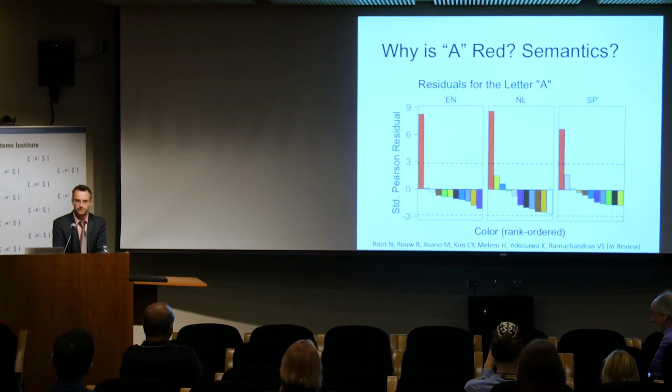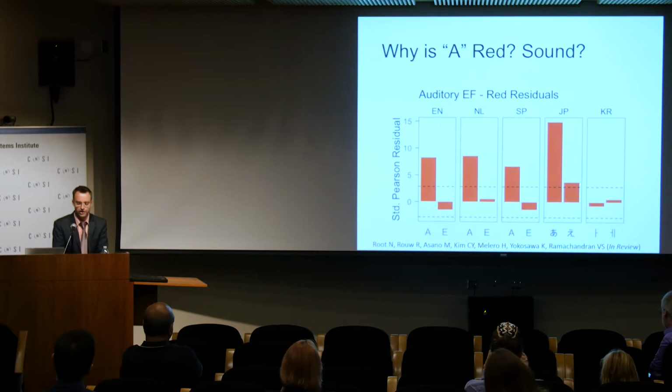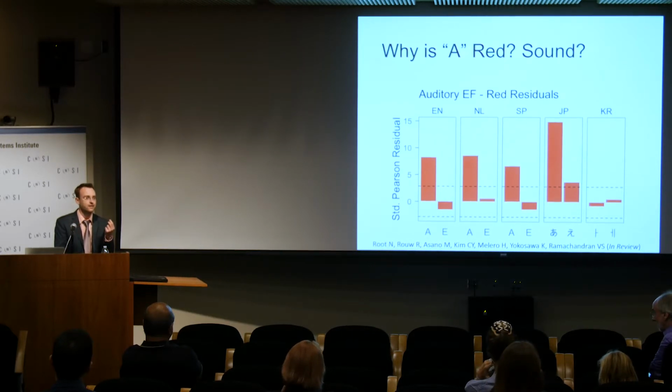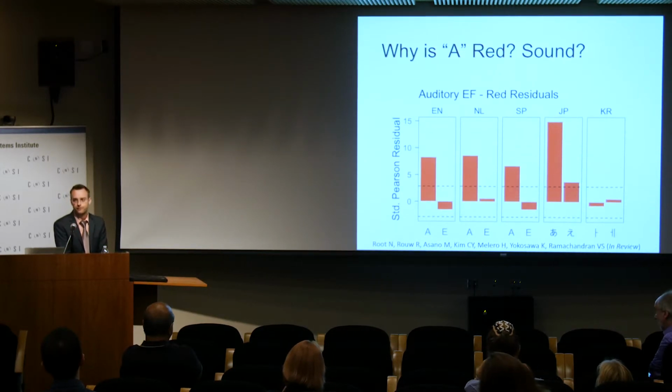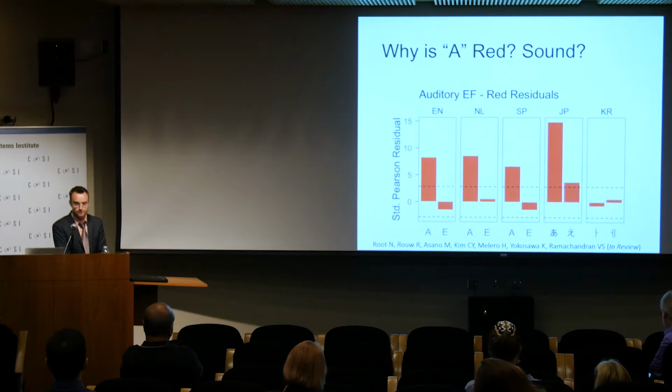How about the sound? We're going to be really generous to the auditory hypothesis here, and we're going to say it could be a couple different things. It could be the sound of the letter, the way that we say it in the alphabet. It could be A, the A sound, or it could be the ah sound. And it turns out it doesn't matter, because in Korean, the letters that encode both of those sounds, neither of them is red.